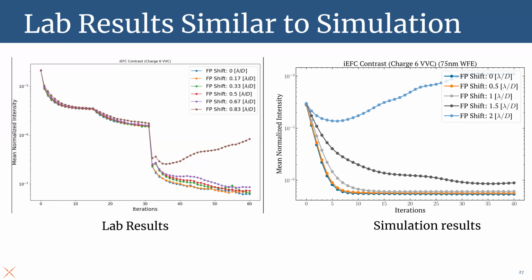So this is why for our lab results, we actually achieve generally deeper contrast than in the simulations. So another thing I will want to do is rerun these simulations, but for the same amount of wavefront error that we're seeing on the testbed. I think that would be a bit more informative as an apples to apples comparison between the simulation and lab results.